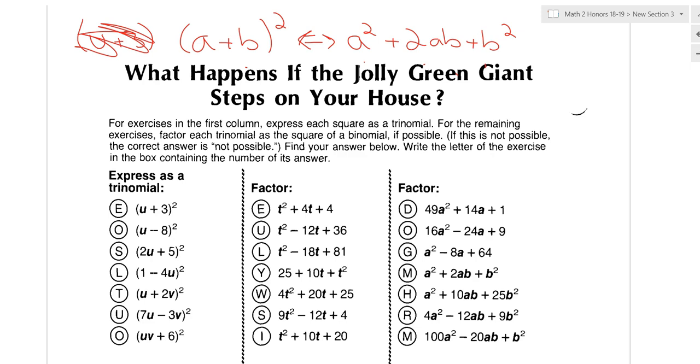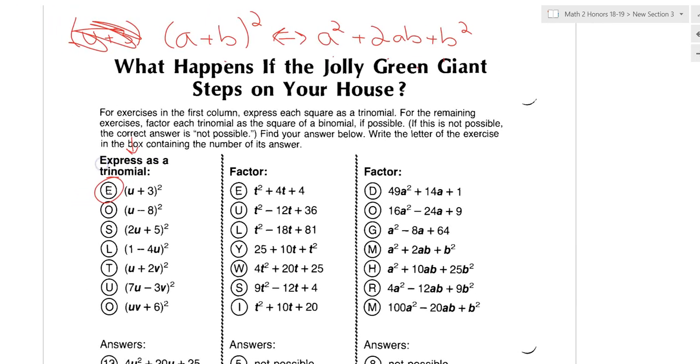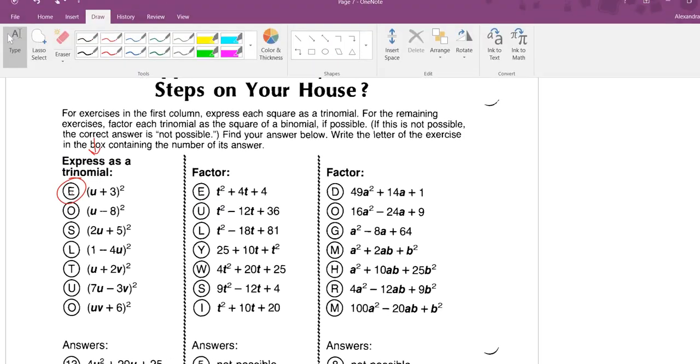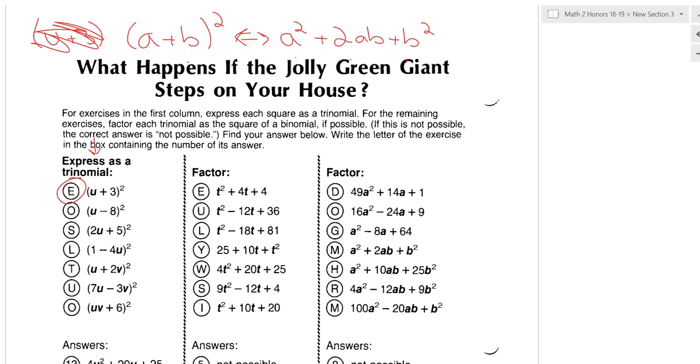So we're going to look at this letter E first. This whole area is just expressing as a trinomial, you're multiplying it out. Let me give myself a little more room to work over here. Get that letter E. So I have u plus 3 squared.